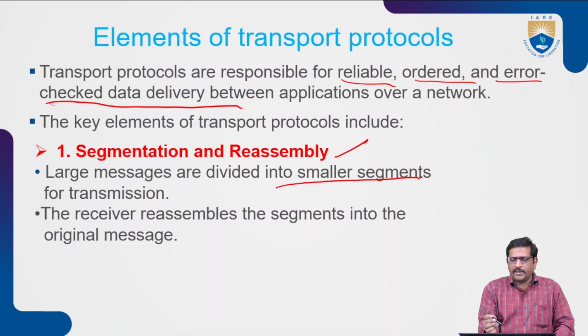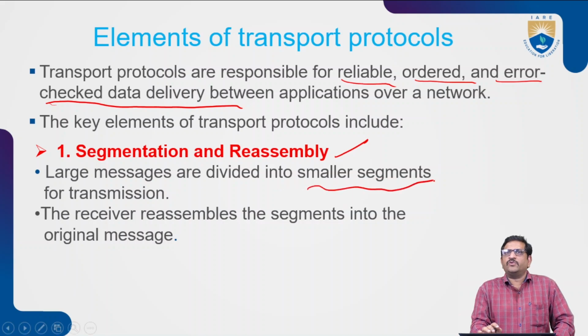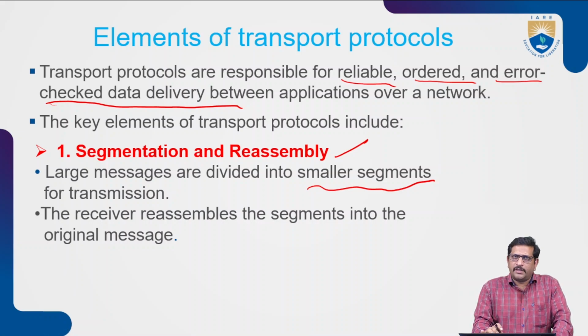Because smaller segments transfer information effectively from source to destination. If the data packets are very large, it is complicated and more bandwidth is required for transmission from source to destination. That's why larger messages are divided into smaller segments for transmission.